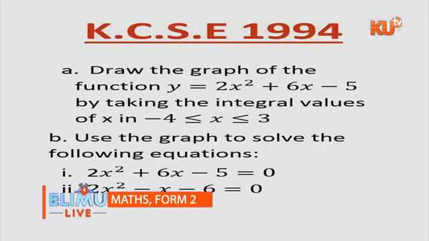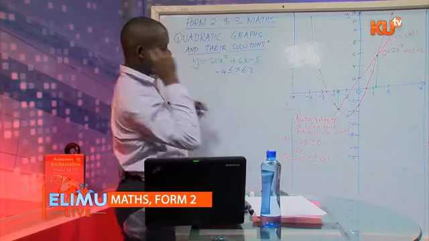And you are not given any table, but you are told the range of values from -4 to 3. So we are drawing for the values of x from -4 to 3.